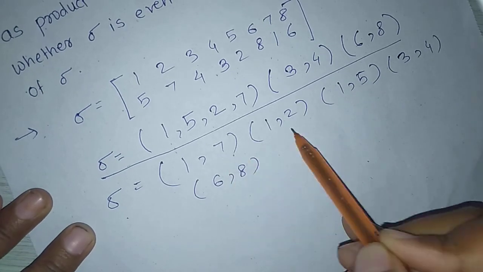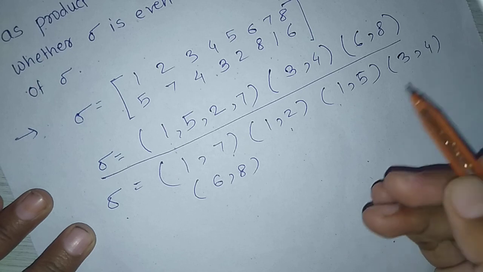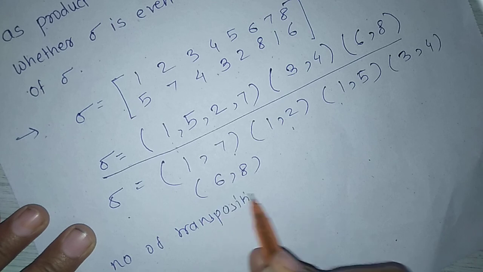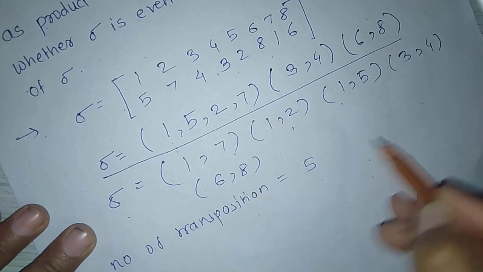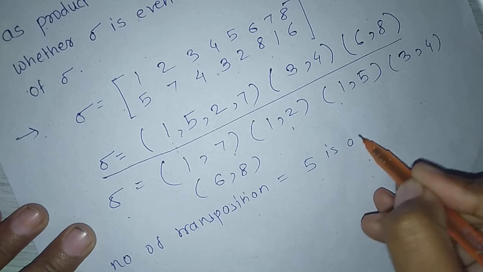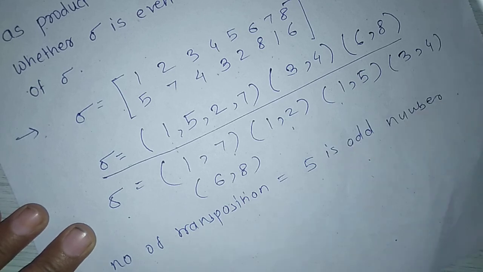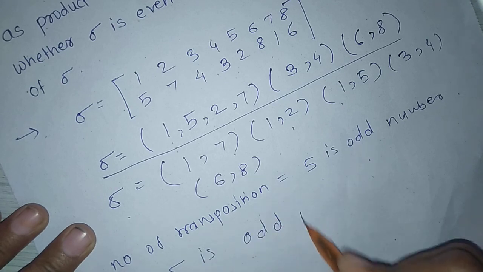Here 1, 2, 3, 4, 5, there are 5 transpositions, and 5 is an odd number. So sigma is an odd permutation.